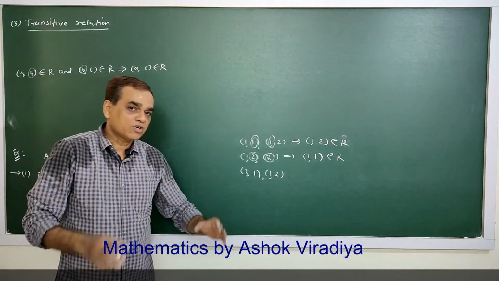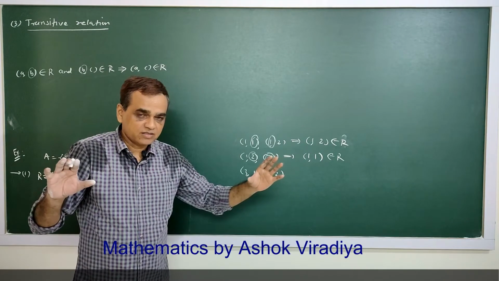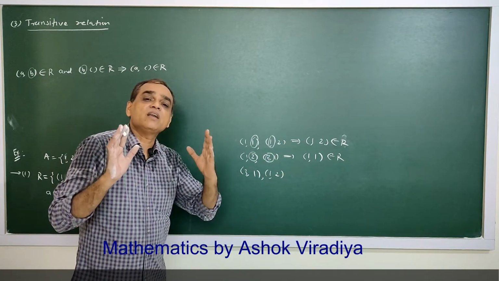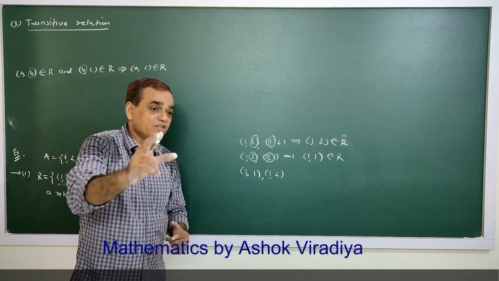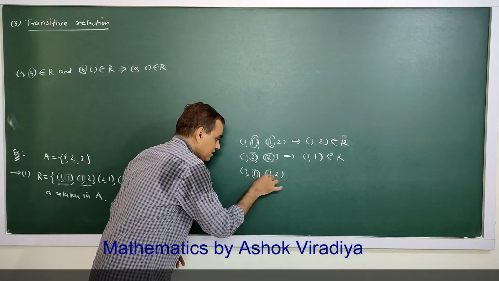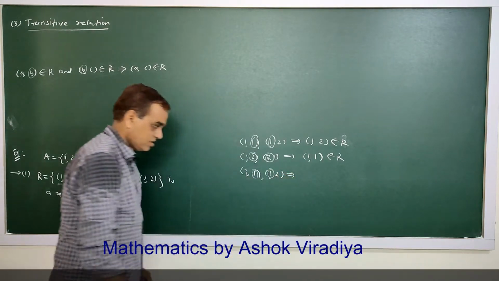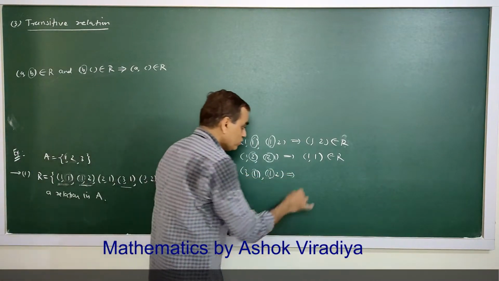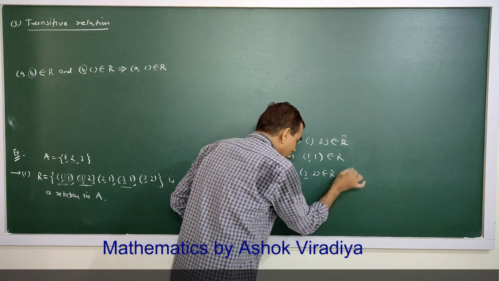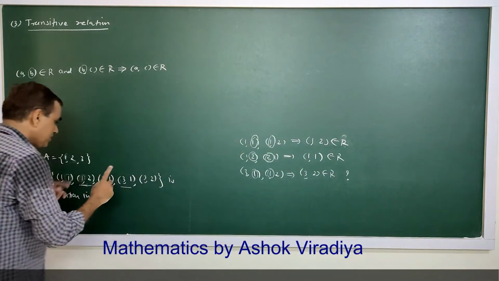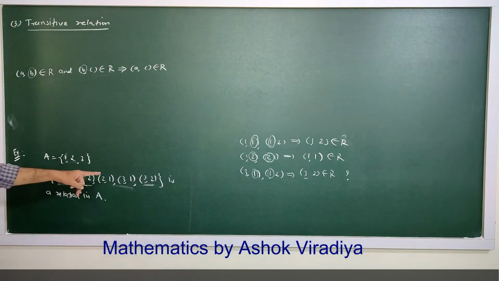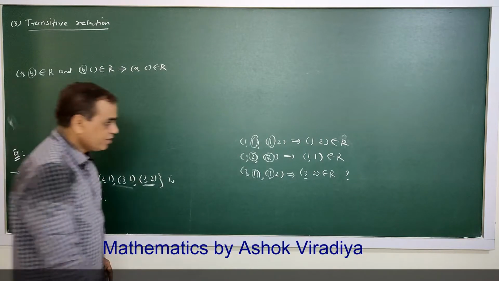So keep your observation perfect. No such pair of elements in which b is in common must be left out from your observation. So here b is in common. Now what we want? We need (3, 2) belonging to R. Does it belong to R? Check here. So here it is (3, 2). Already (3, 2) is in R. Yes, (3, 2) belongs to R.